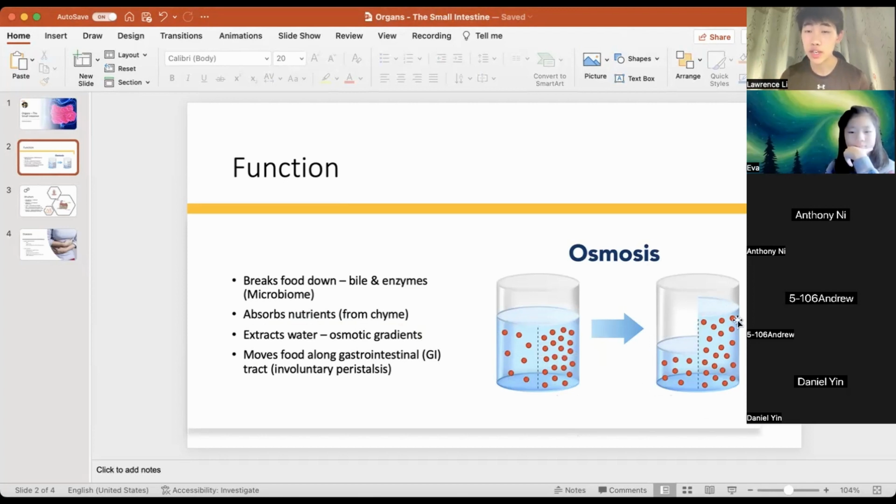They have two different levels of water, but this one has more red molecules, and this one has fewer red molecules. So what would you say about the concentration of this compared to the concentration of this? Are they equal? Is this one higher? Is this one lower? Yes, Eva. Well, no.